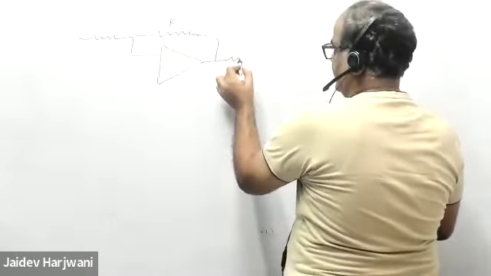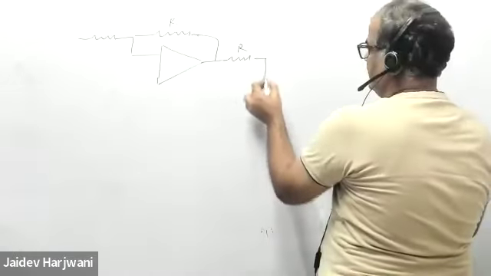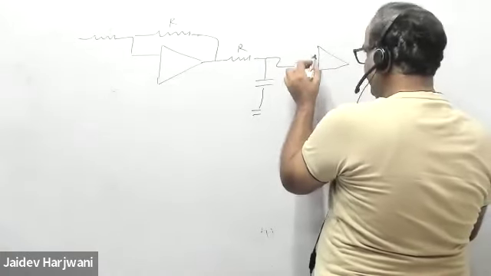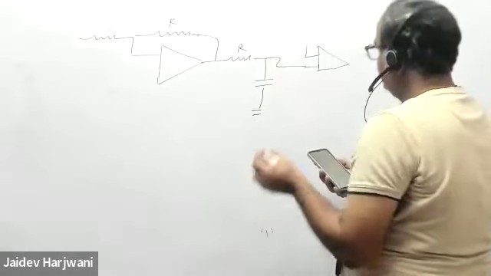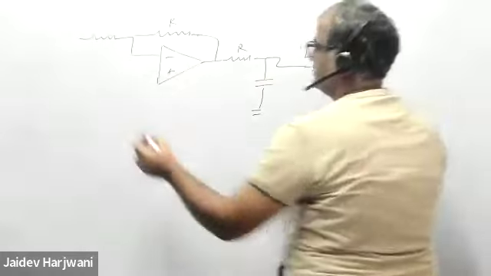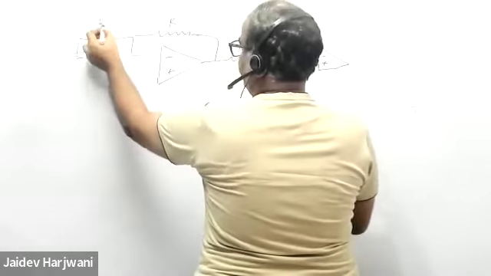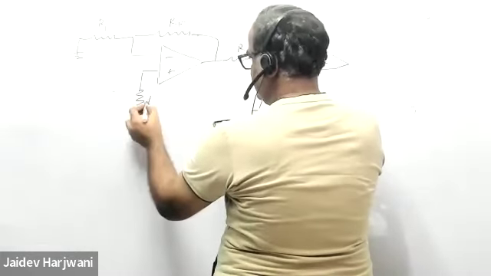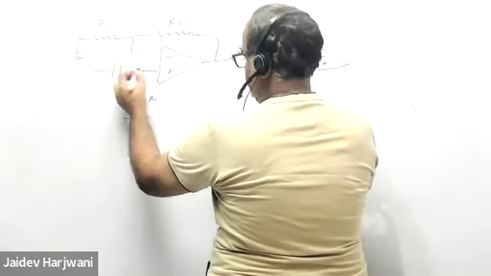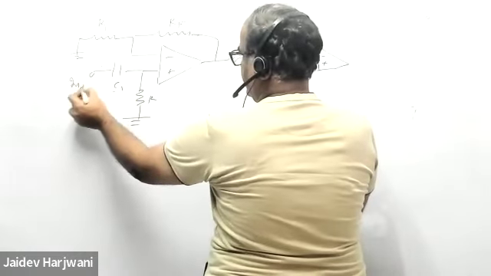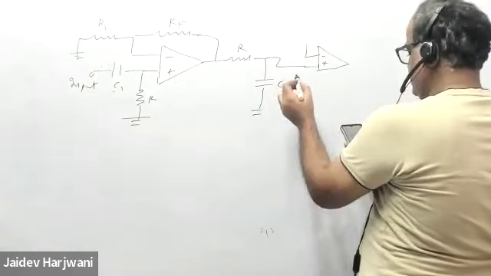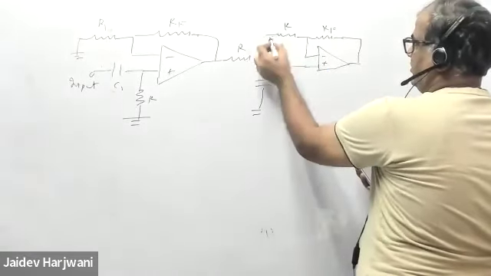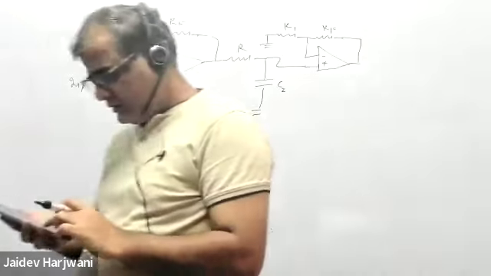Here one more R is given, and then you have been given a C here, and this is coming as an op-amp input. These are minus and plus; nothing is specified, so we take minus and plus. And this is R, and this is your C1 input, and this is C2, and this is your RF, and this is your R1.